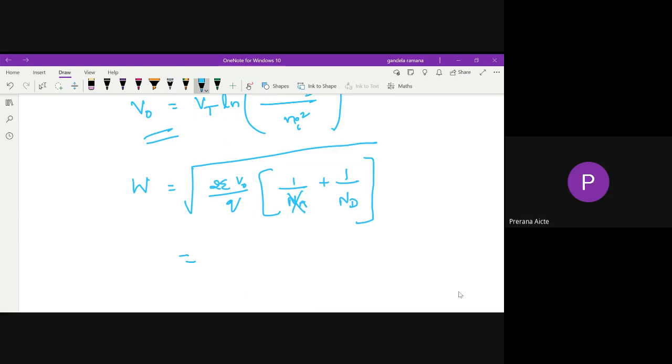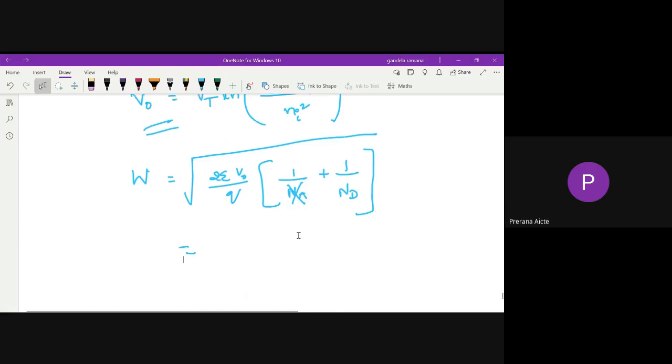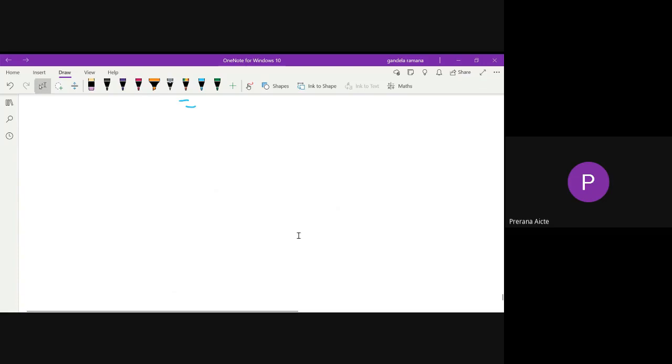So now we are going to another problem, one related to temperature. Note down the problem.